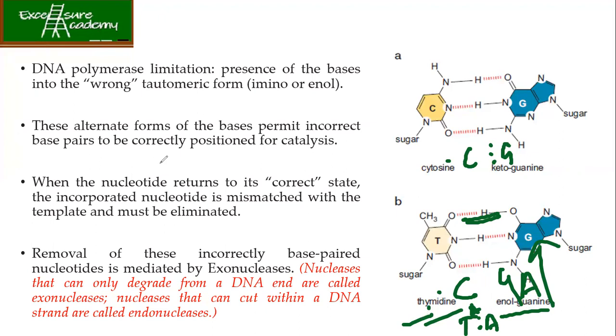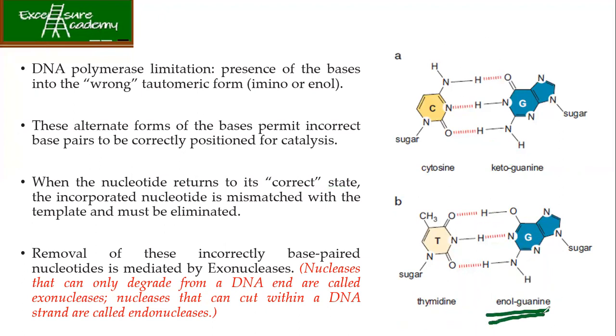so this is the rate limiting step, or you can see the limitation of the DNA polymerase, right? These alternate forms of the bases permit incorrect base pairs to be correctly positioned for the catalysis. Now, suppose the nucleotide was in the enol form, and once it returns to its original form, it goes back to the keto form.